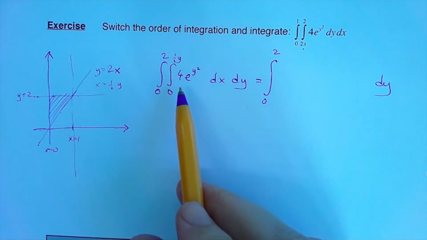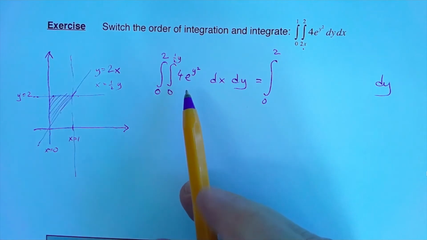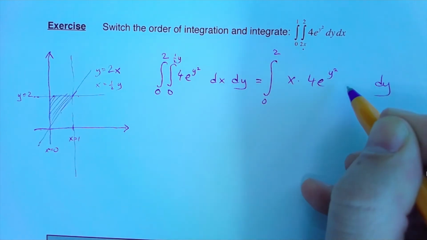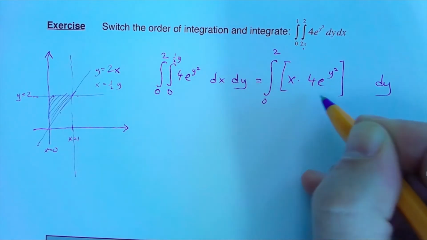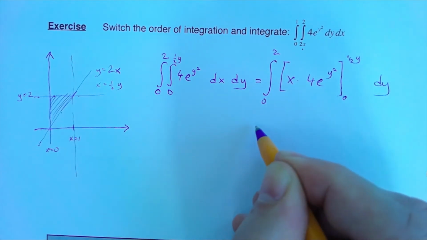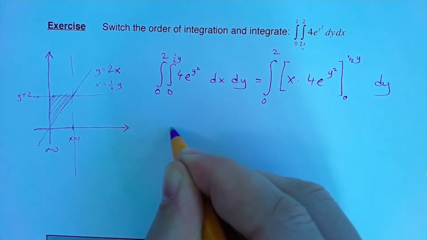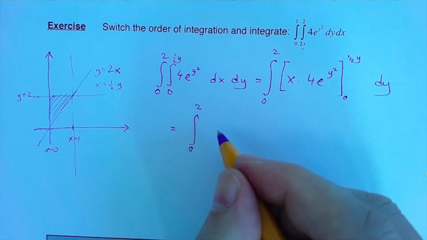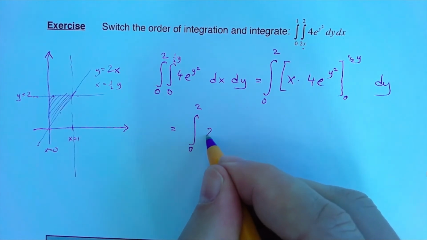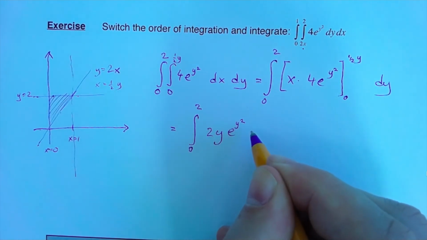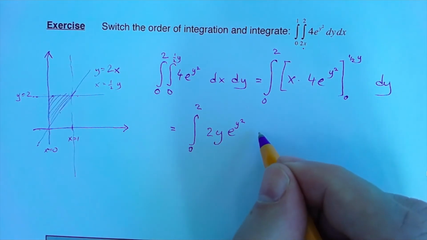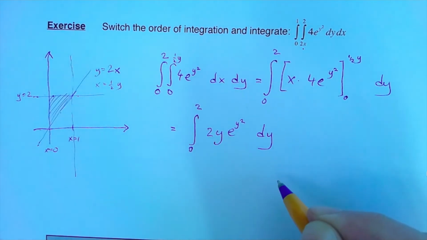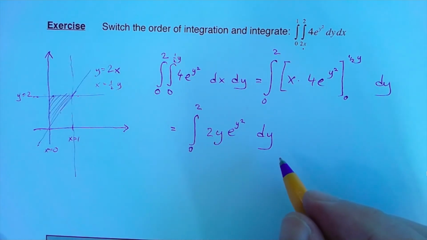This is x times 4e to the y squared, integrated from 0 to 1/2 y, so x equals 1/2 y, so it becomes 2ye to the y squared dy. If we substitute 0, we'll just get 0.